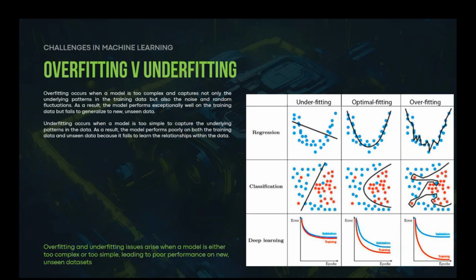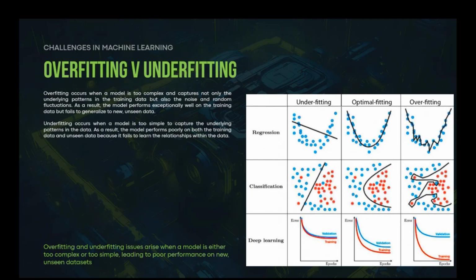So you are doing very well in training, but you are not able to perform well in the real world. Such models exhibit very high accuracy on the training data set, but perform poorly on unseen data. These are the overfitted models that I'm talking about.